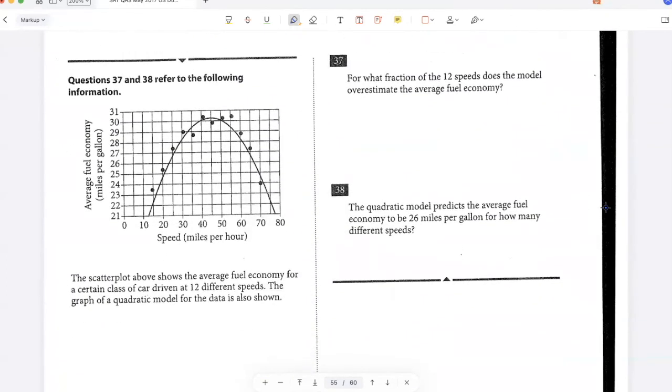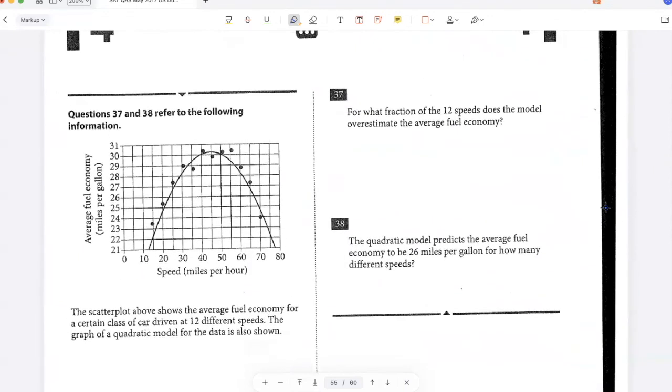The scatter plot above shows the average fuel economy for a certain class of car driven at 12 different speeds. The graph of quadratic model is also shown. Okay, so fuel economy versus speed. For what fraction of the 12 speeds does the model overestimate the average fuel economy?